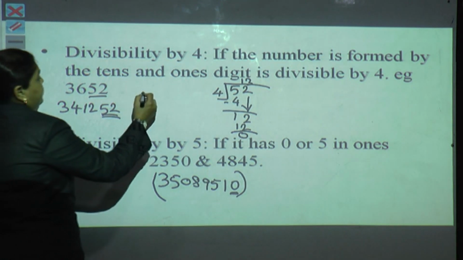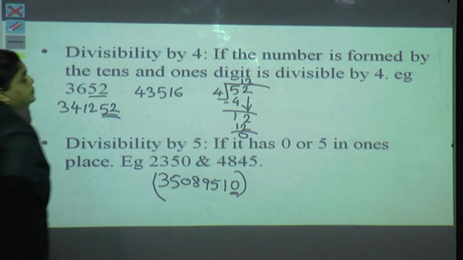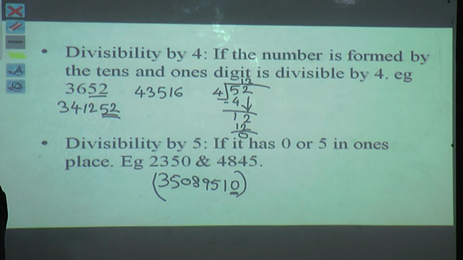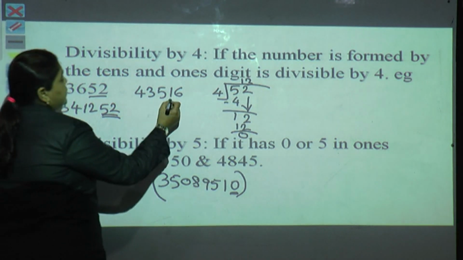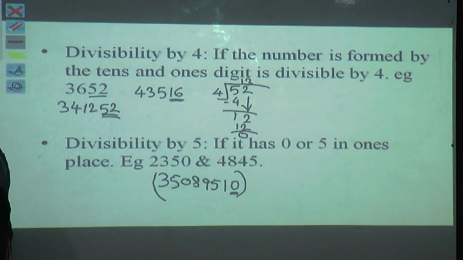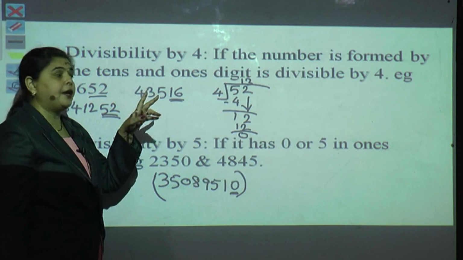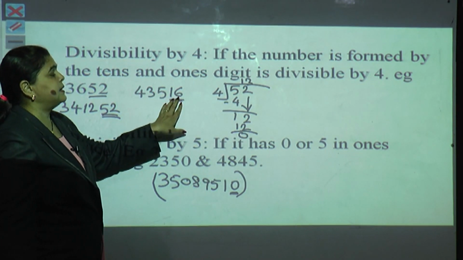One more example we will see. Can you say this number is divisible by 4? Yes, you are right, because the last 2 digits should be practically divided by 4, giving a remainder of 0. You can do it orally in your mind: 4 fours are 16.